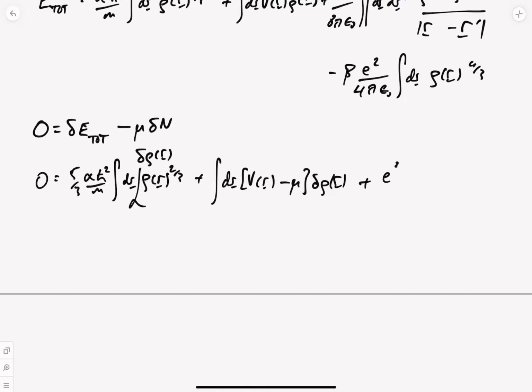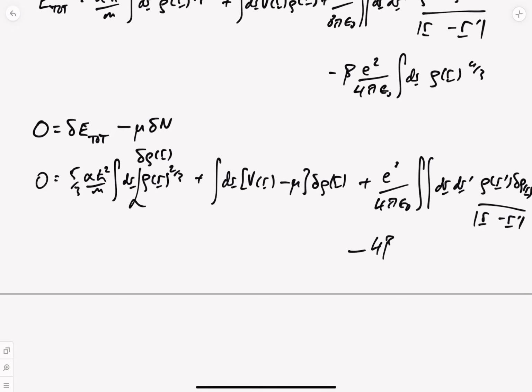Plus e squared over 4 pi epsilon naught, single integral, oh no, actually it's a double integral, I do beg your pardon, with respect to dr and dr prime, of rho of r prime delta rho of r divided by the modulus of r minus r prime. That's the electrostatic term.